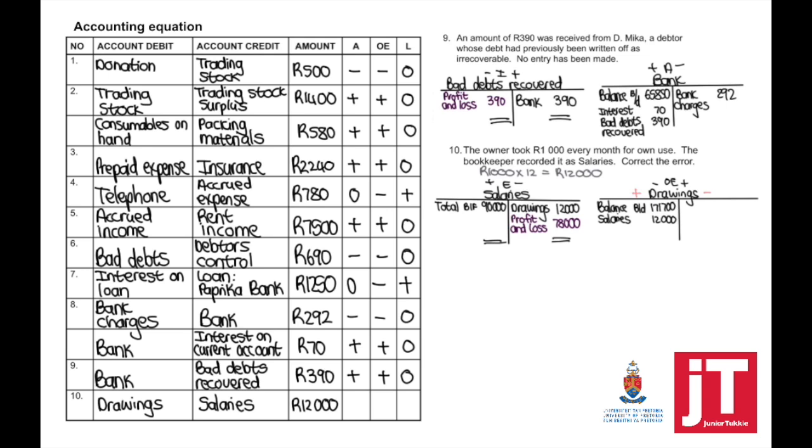Amount 12,000. Assets, nothing. Owner's equity, my expense decreases, which will have a positive effect on the owner's equity. Drawings that increase will have a negative effect on the owner's equity. Liabilities, nothing.